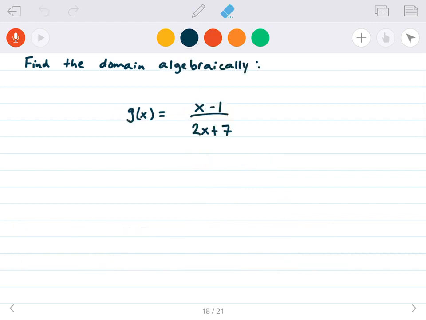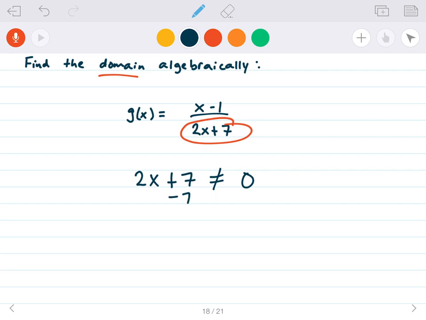Okay, let's do this one. Find the domain algebraically. It doesn't say anything about the range, so we'll leave that alone for another day, maybe in calculus. We have a problem: a variable in the denominator. So we take the denominator and say that this denominator must not equal 0, or else there's a problem, and we solve for x.